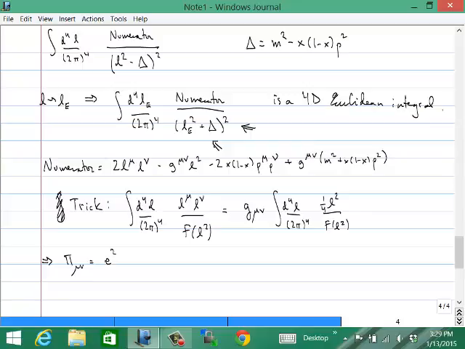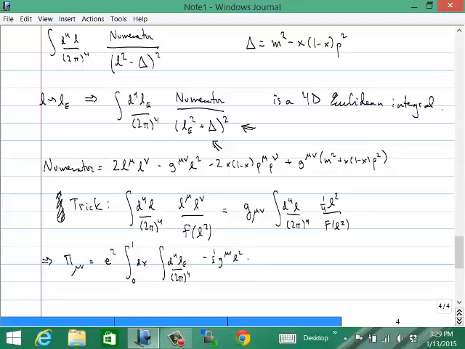Okay, so that means that if we have this integral for pi, you get something like an integral dx from 0 to 1, and then an integral d4L over 2 pi to the 4th. Oh, and then you have various different terms. So the first term, you get a minus 1/2 g mu nu times L squared.